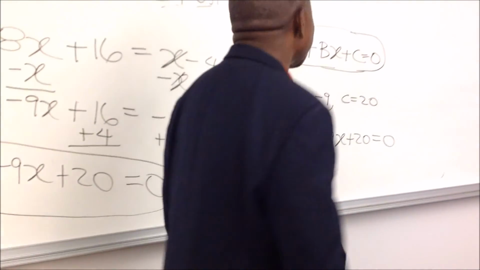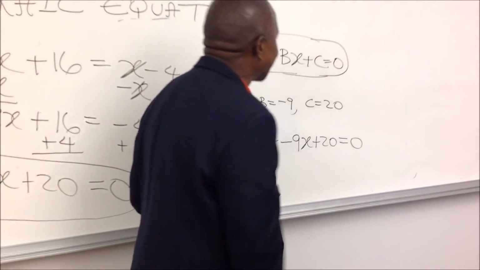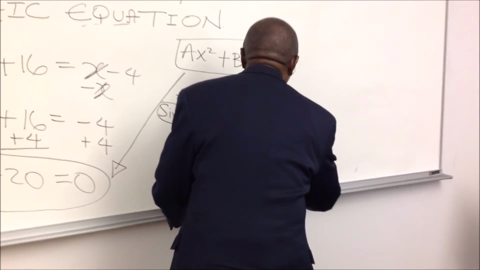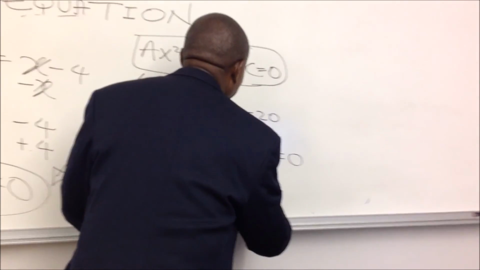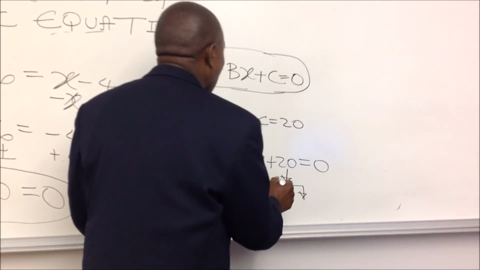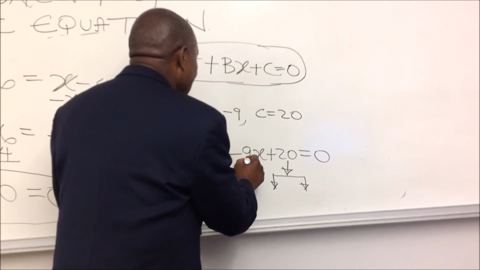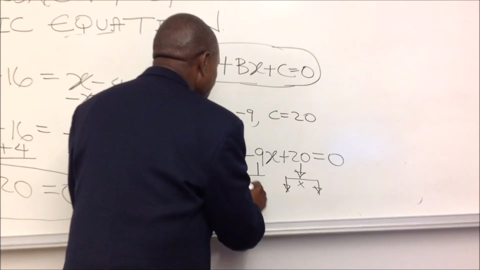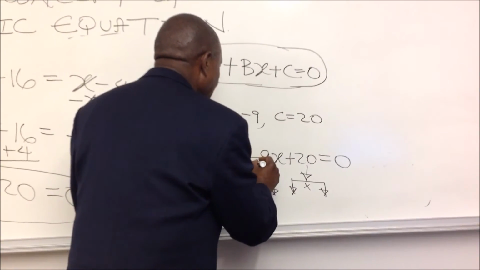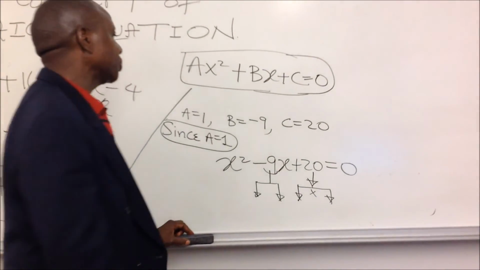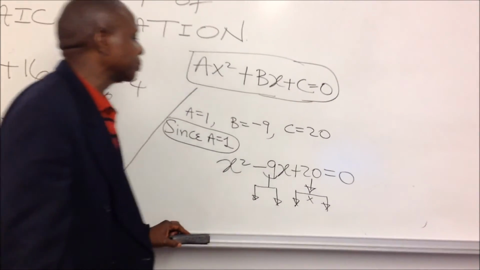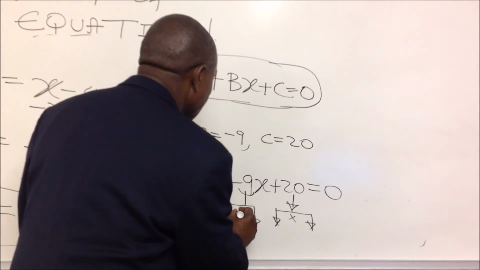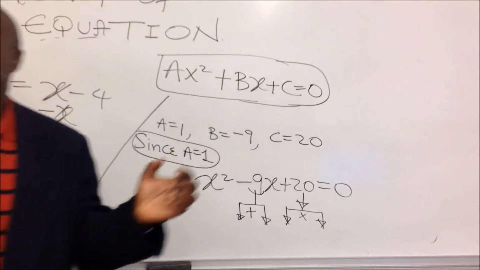We are going to find two numbers in this quadratic equation such that if we multiply the two numbers, we must get 20. And if we add the same two numbers, we must obtain -9, since our B is -9. What are the two numbers?